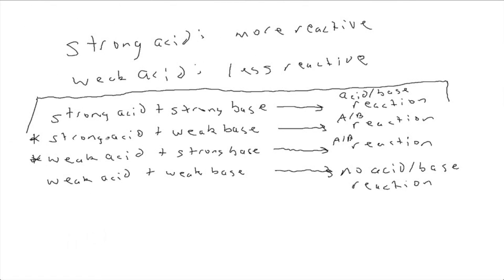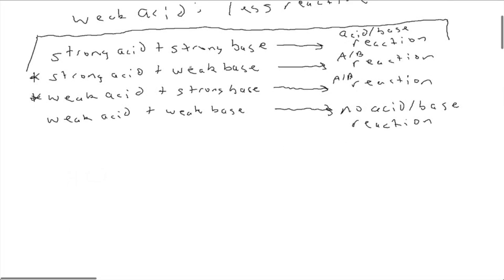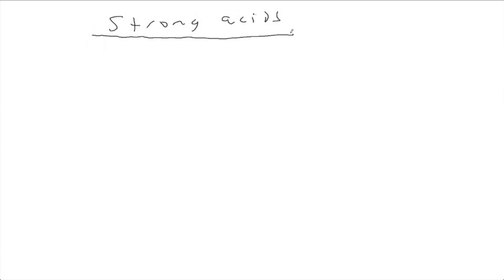Now, this is not going to be very useful to us unless you can tell whether something is a strong acid or a weak acid, or a strong base or a weak base. So now we need to go over the rules so we can tell the difference between them. So first of all, what type of charge would make you acidic?